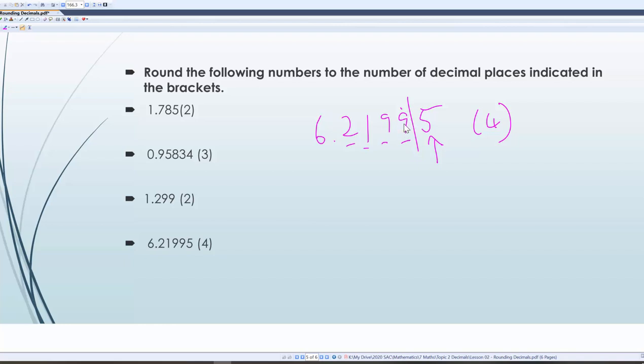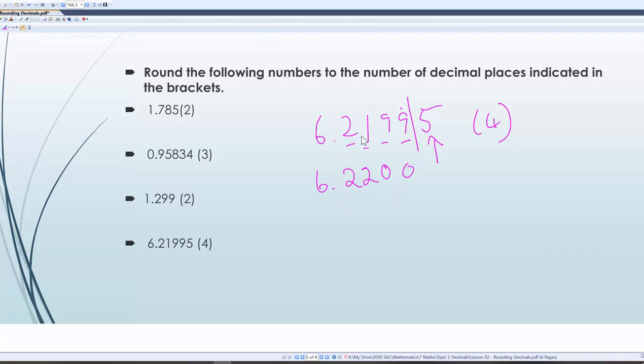So the 10 we'll exchange for one more of these ones here. But when I add 1 to this one here, that becomes 10, and I can't have 10 here. So I'm going to exchange the 10 here for one more of this. So that's going to be 6.2, and these are going to be 0, 0.